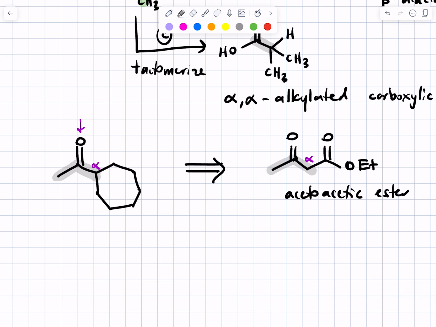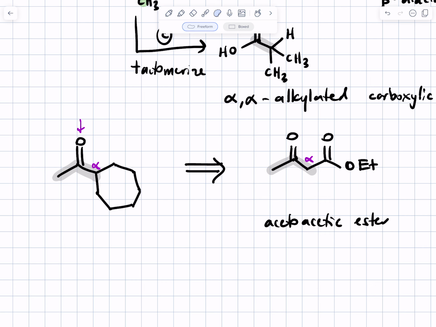Then look at what's not there in the acetoacetic ester starting material. For example, you've got 2 protons on that alpha carbon and only 1 in the product. And you also have in the product these 2 carbon-carbon bonds, which you're going to have to make. Okay?